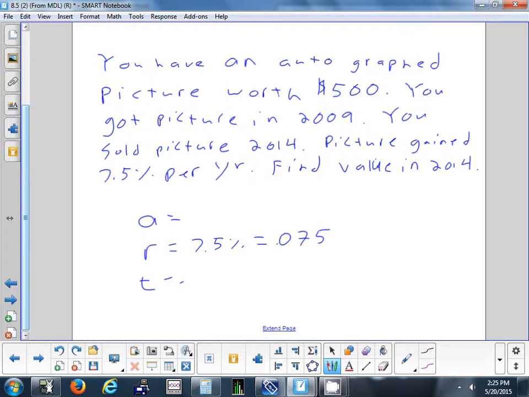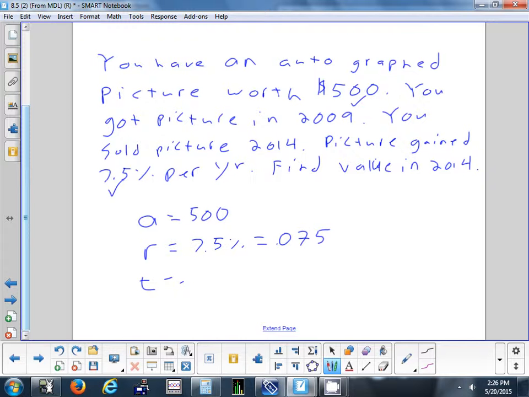So we got our rate. Anybody see anything else? What's the 500? Yeah, that's the original amount the picture was worth. Again, this isn't on your sheet. I just made it up right now because I remember what I put on the test, and this is very similar.